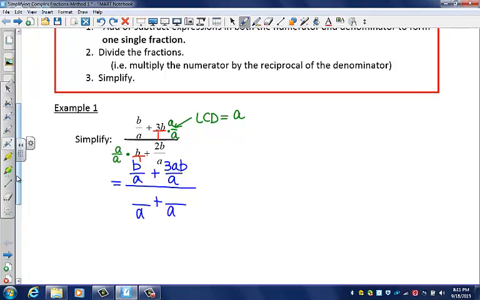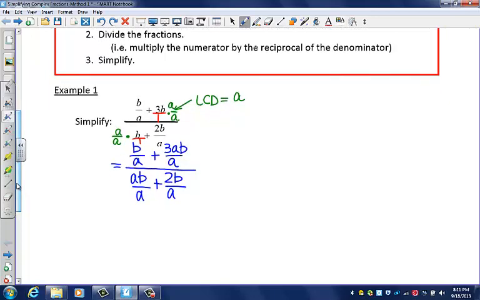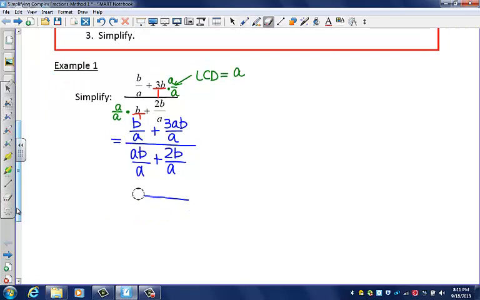In the top, a times b is ab, and a times 1 gives me a. My second term is a fraction that already has the common denominator. Now the two fractions in the top and the two fractions in the bottom both have common denominators, so we can go ahead and add those fractions.